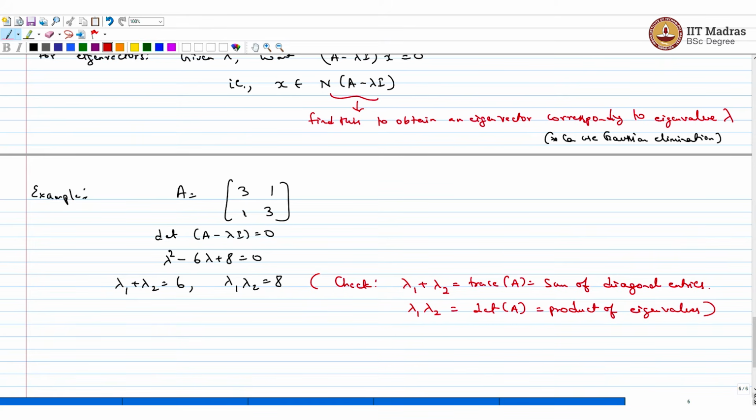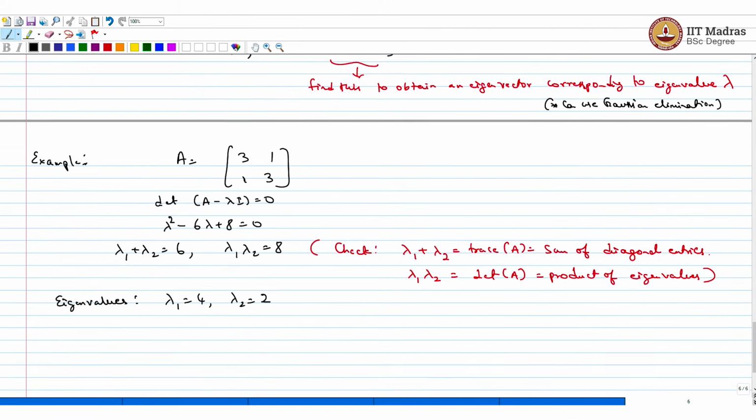So 3 plus 3 is the diagonal sum, which is the same as the sum of the two eigenvalues, and so on. Anyway, the eigenvalues for this are lambda 1 equals 4, lambda 2 equals 2.